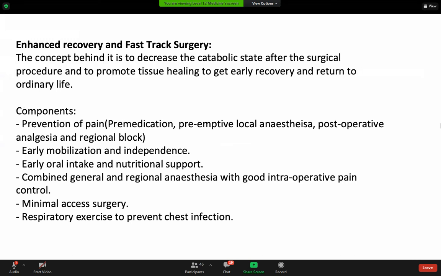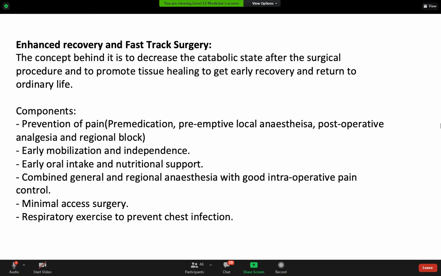Here, also very important, is how to enhance recovery and fast-track surgery. The concept behind it is to decrease the catabolic state and increase the anabolic state. How to do that, especially after surgery or in a trauma patient? Prevention of pain with analgesia, early mobilization, very important. Early oral intake, this is very, very important.